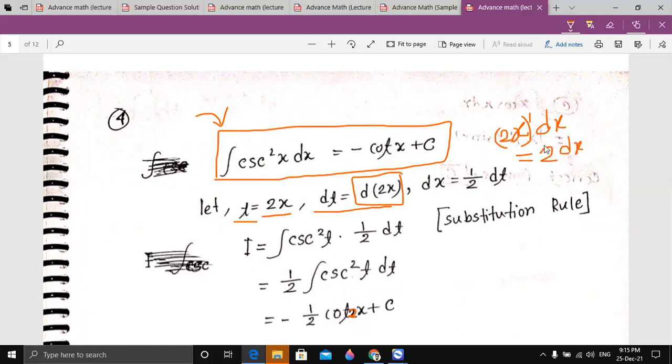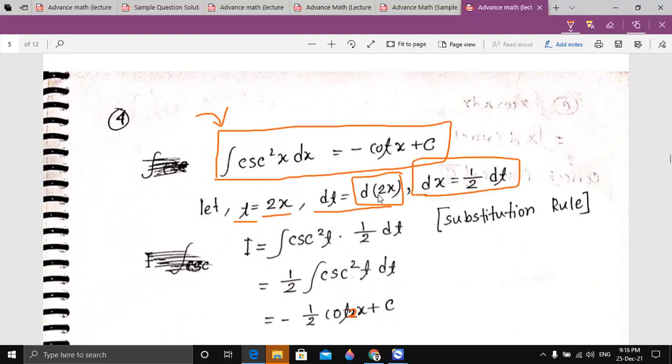If I take this 2 to the other side, it will become dx is equal to 1 by 2 dt. Am I right? Okay, so we found dx is equal to 1 by 2 dt.